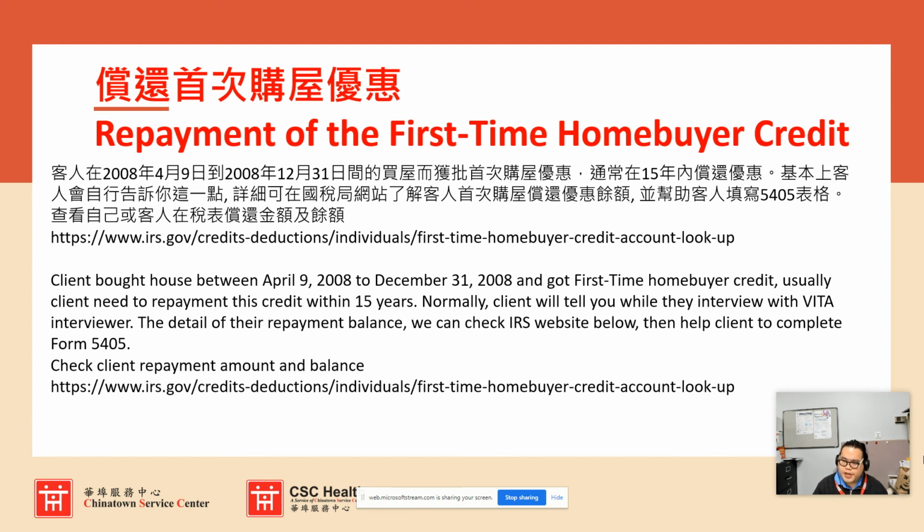If you have that information, you can complete Form 5405 to help the taxpayer report the first time home buyer credit, and each year they will pay $500 until they finish all 15 years of payment.